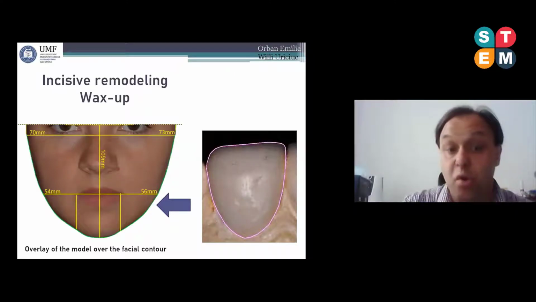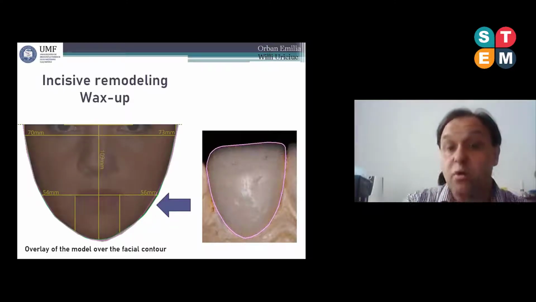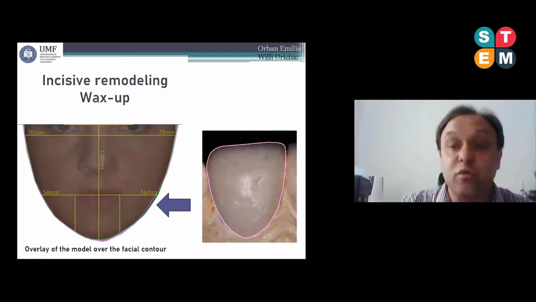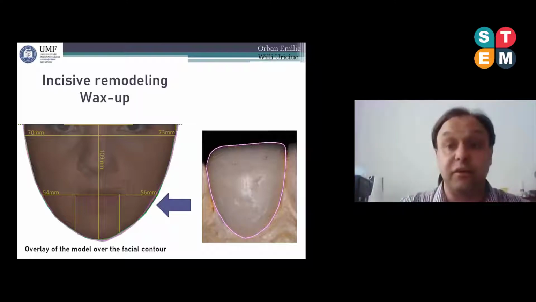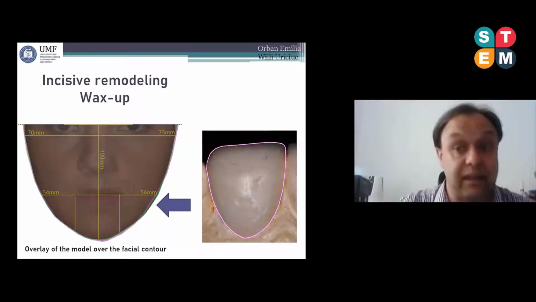Now we remodel in wax on the cast model in the dental laboratory. We reconstruct the tooth and try to make a better percent, to see what we can do for this patient to look good and harmonious with the face that they have.